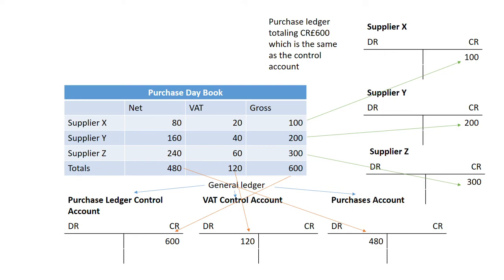Prepare a sales control account for the month of June 2017 using the following information. Balance brought down, so that's going to be on the debit side, 17,491. Credit sales for the month. So it's credit sales, it's not cash sales, so it's going to be a debit balance, 42,591. Sales returned from credit customers, so that's going to be 1,045, and that's going to be a credit balance, they owe us less money.